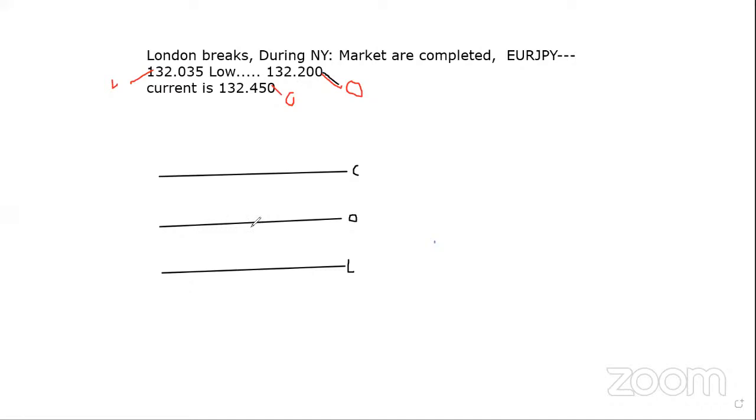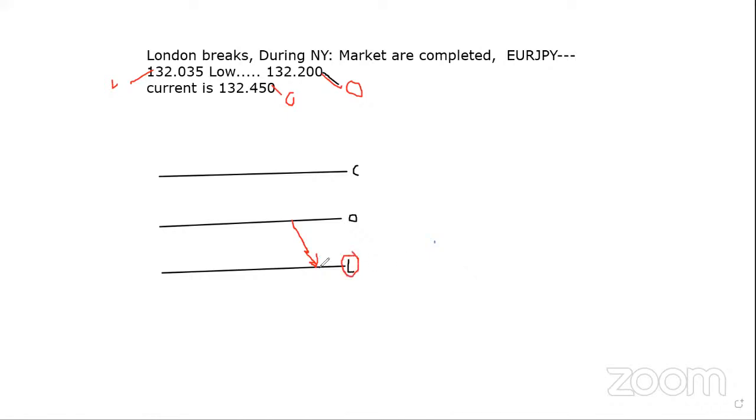So during London, at the open, the market broke to the down and went and created the low of the day. So one characteristic of London session: the low of the day or high of the day is mainly created during London session.